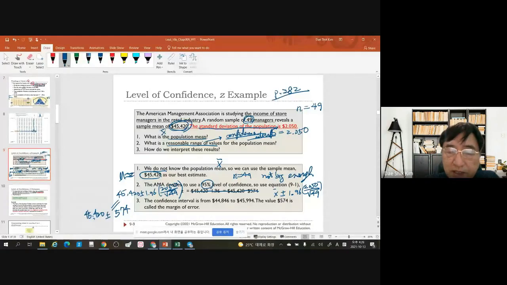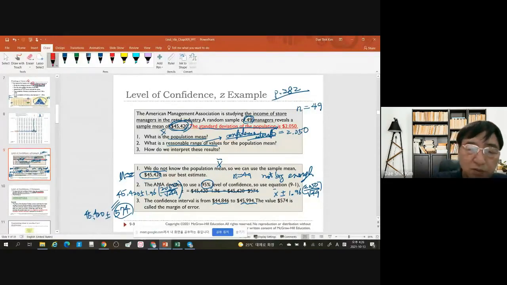Then we will calculate the interval. This plus minus 574 is called the margin of error. You need to understand the terminology.